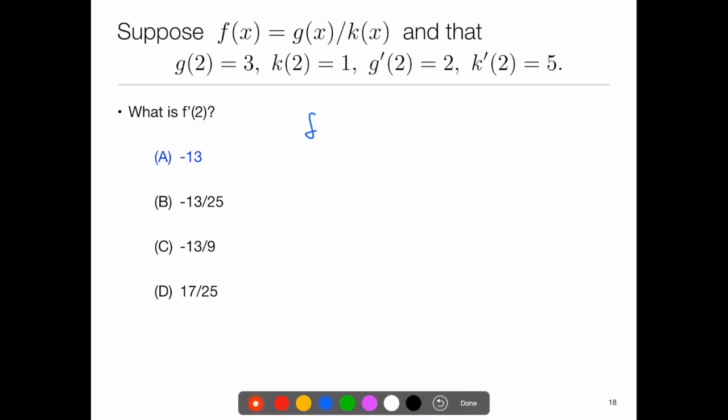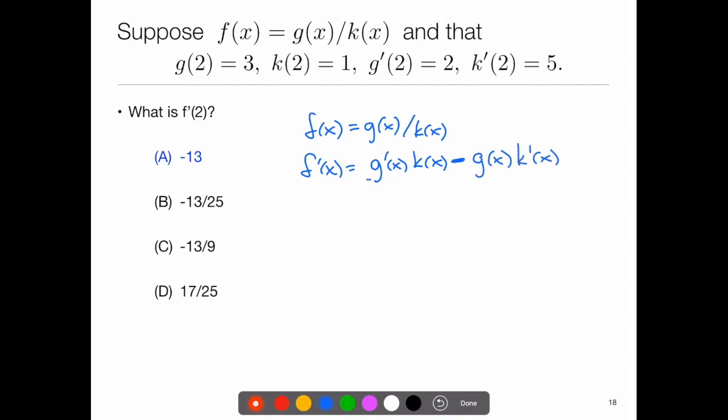So if f of x is g of x over k of x, f prime of x is going to be g prime of x times k of x minus g of x times k prime of x. And now I have to take that whole expression and divide by k of x squared.